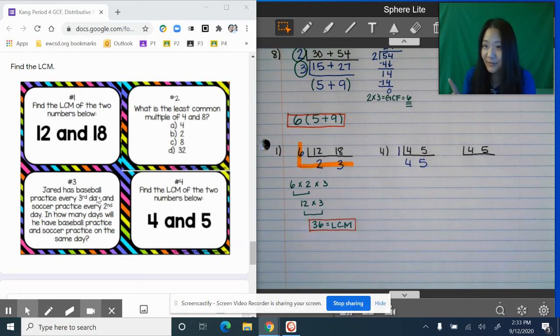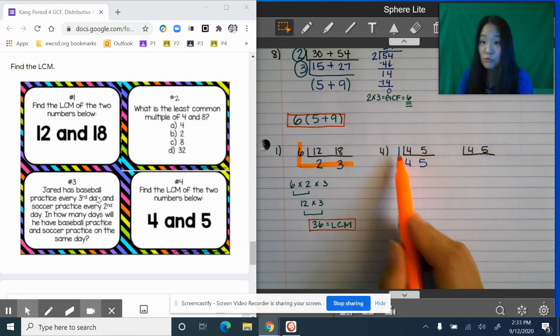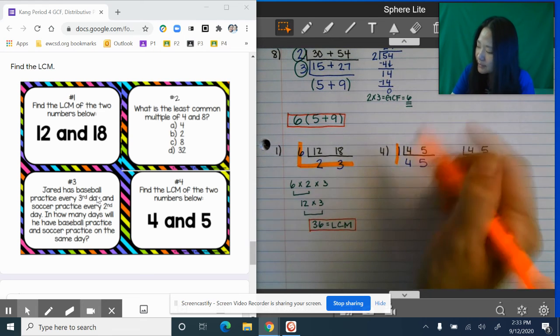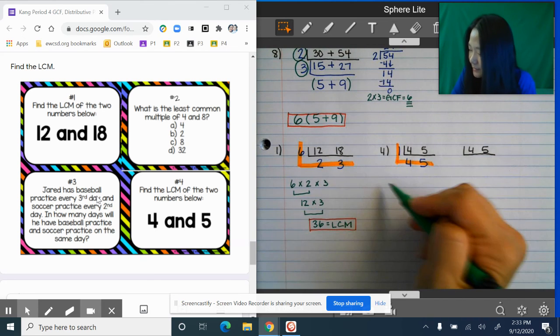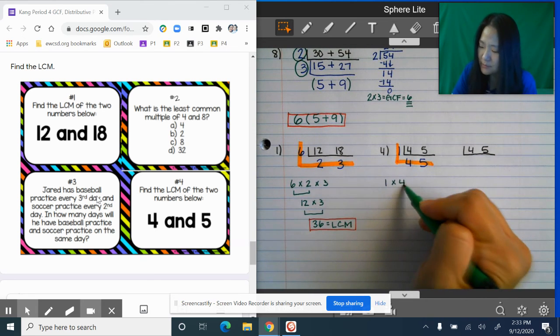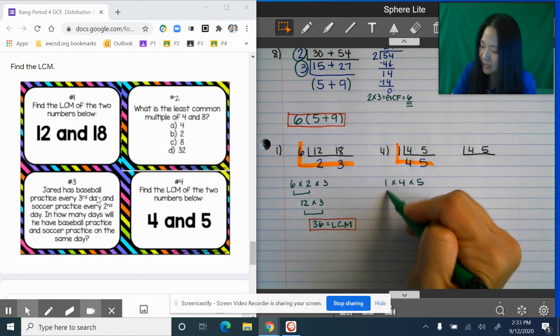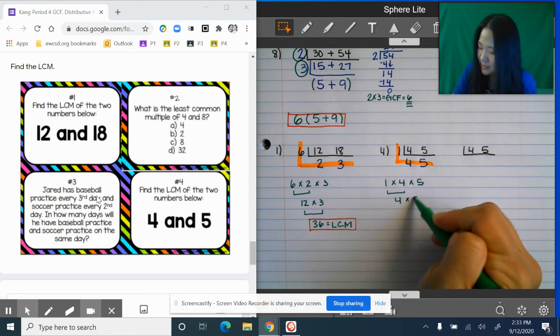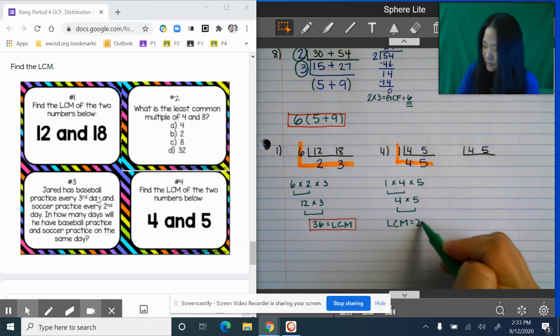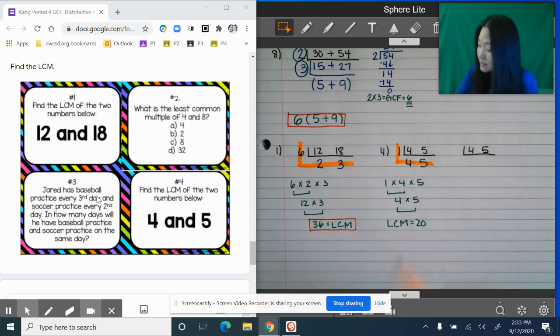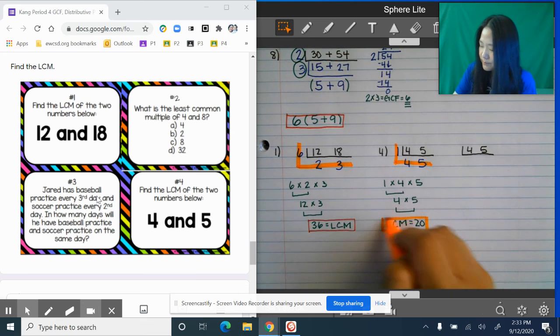However, for this particular type of problem, if you were to do this and multiply your L, your side and the bottom, 1 times 4 times 5, which is 4 times 5, your least common multiple is 20. So that does work out.